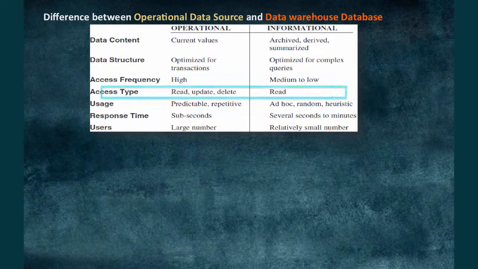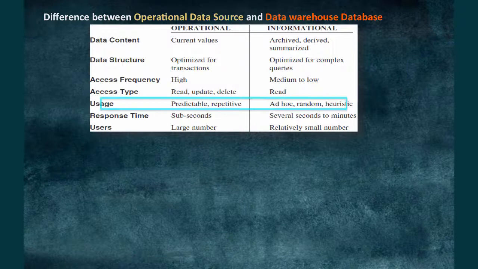Access type. Operational data sources are permissioned with read, update, delete, but warehouse data can only be read. Usage. Operational data usage is predictable as it's the same type of business every day. But usage of warehouse is ad hoc and random because we're not sure what kind of reports or queries will be run against the data to analyze the data.